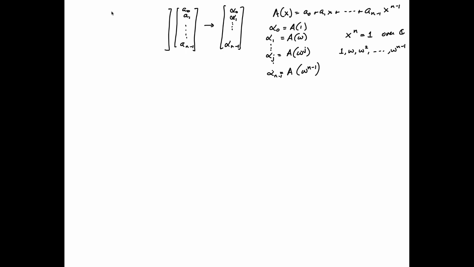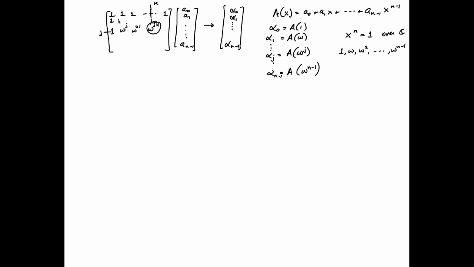So this linear transformation, which is the discrete Fourier transform, is given like this. The jth row of it is 1, omega to the j, omega to the 2j, and so on. So if you look at the jkth entry, it's omega to the j times k. So the first row is 1, 1, 1, and so on.